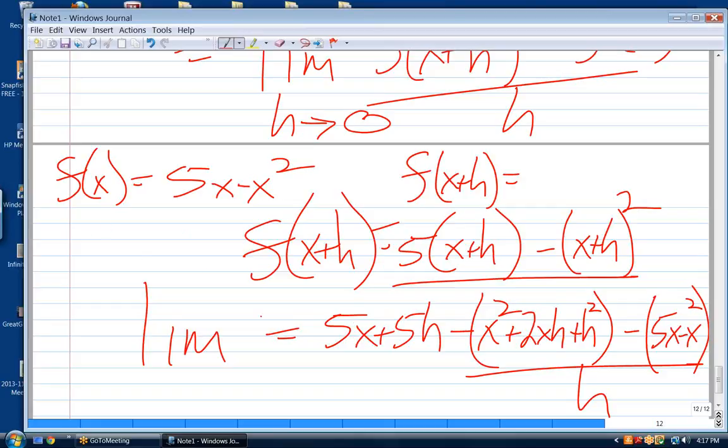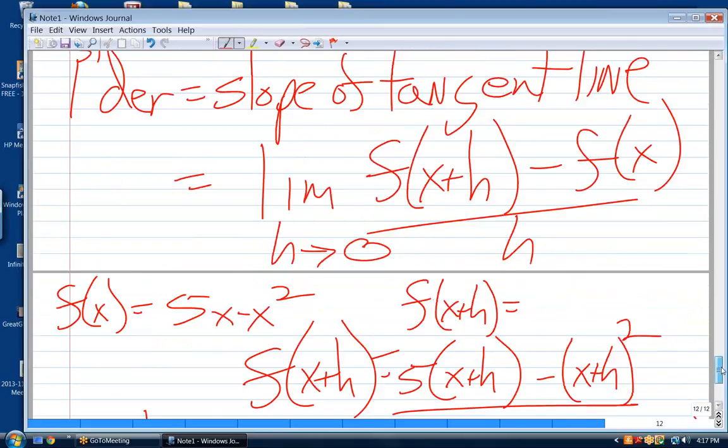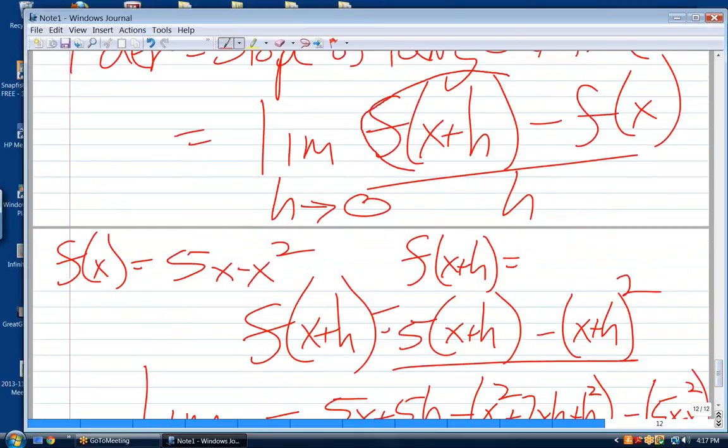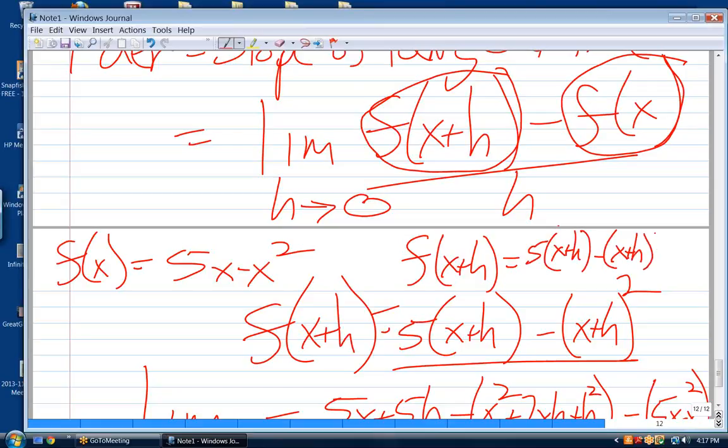Because the limit is this. It's f of x plus h minus f of x. So f of x plus h was 5 times x plus h minus x plus h squared. That was f of x plus h. We still have to subtract from that f of x.